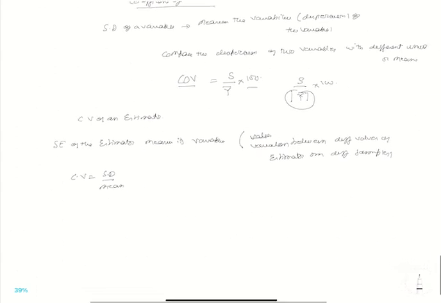Estimator of the coefficient of variation can be obtained from sample observation by taking the ratio of the sample standard deviation. So coefficient of variation of y bar will be just small s of y bar divided by y bar.